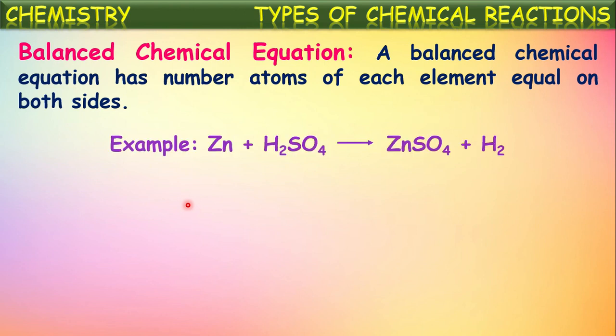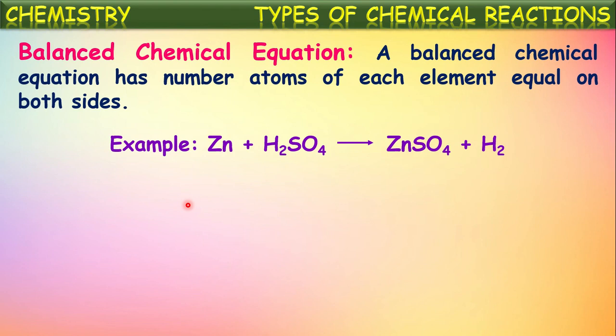For example, consider this equation between zinc and sulfuric acid. When zinc reacts with sulfuric acid, it replaces hydrogen and forms zinc sulfate and hydrogen gas.